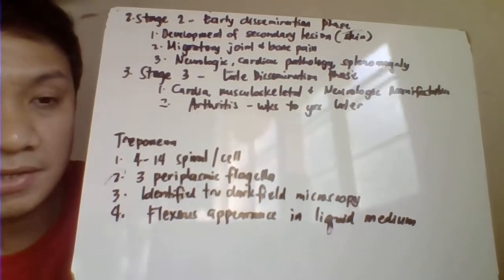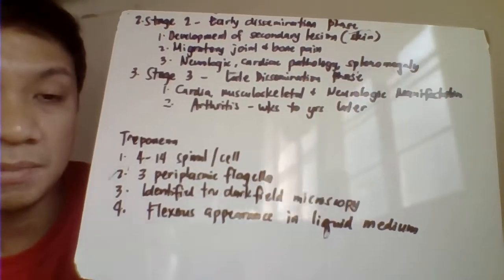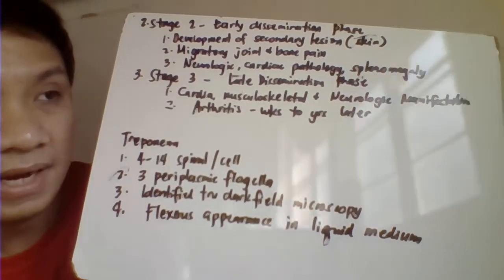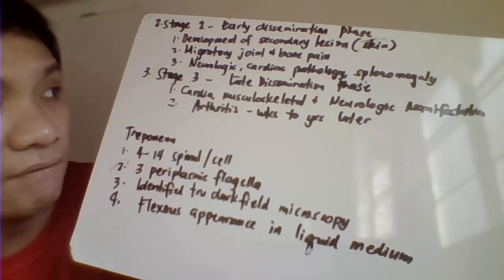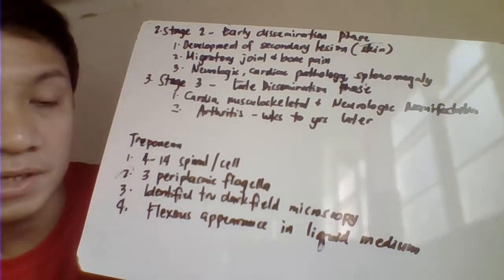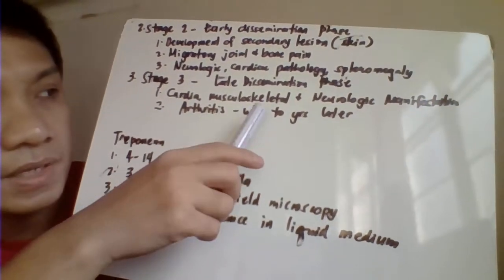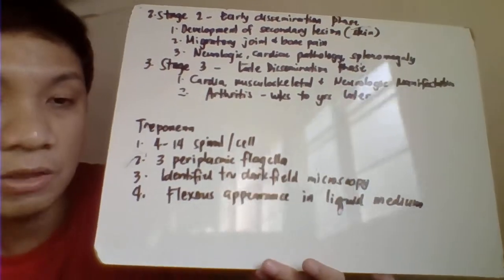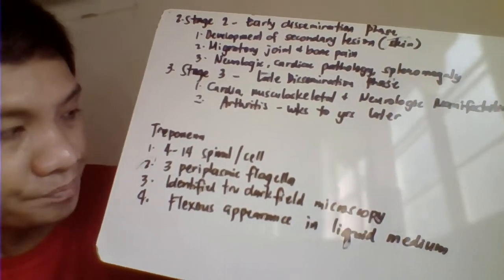Stage 3 is defined as the late manifestation or late dissemination phase, which still has cardiac, musculoskeletal, and neurological manifestations. The musculoskeletal involvement later develops into arthritis.